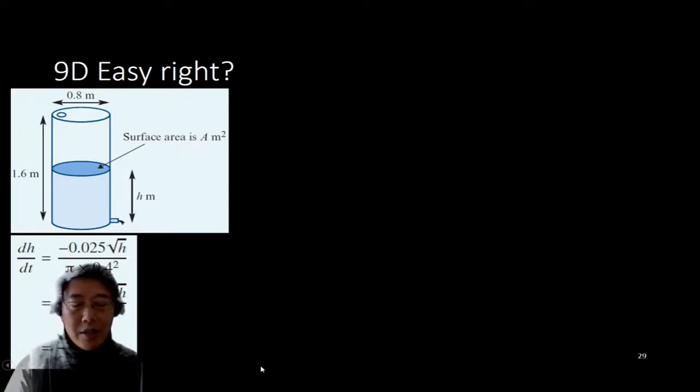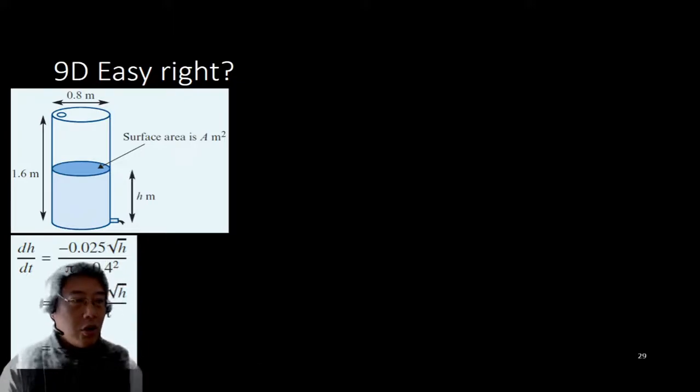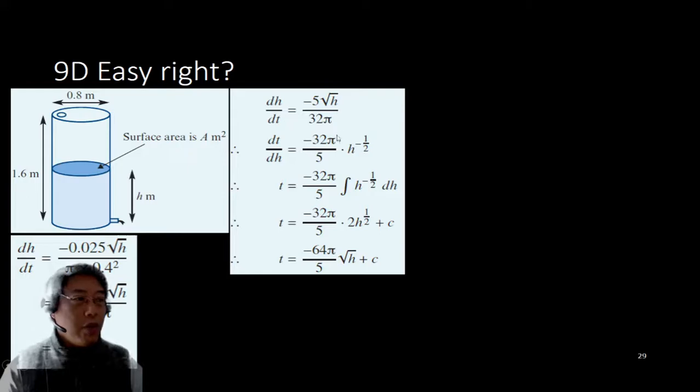So go back to 9c if you don't know how to do this, you separate the variables. So how is it arranged that way? So use the reciprocal, then you have the h on the right hand side, the t, you anti-differentiate, polynomial with a negative power, that gives you this plus constant.